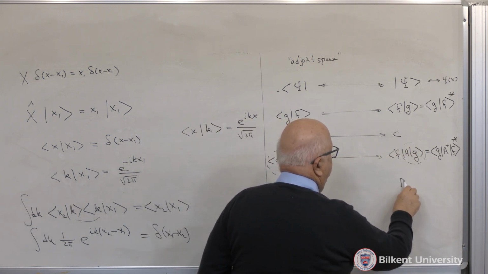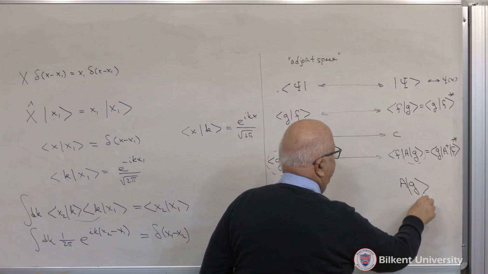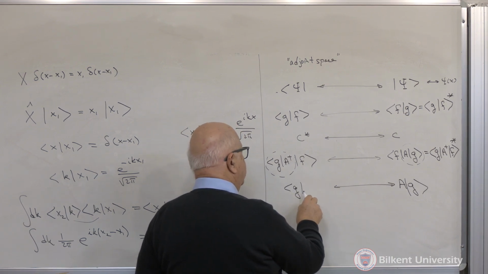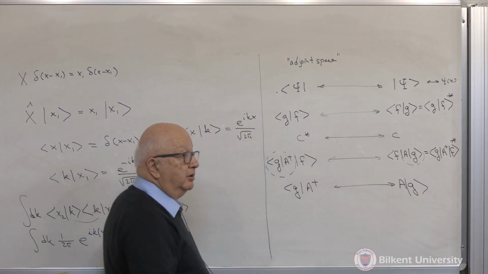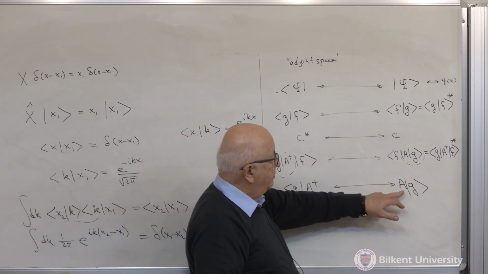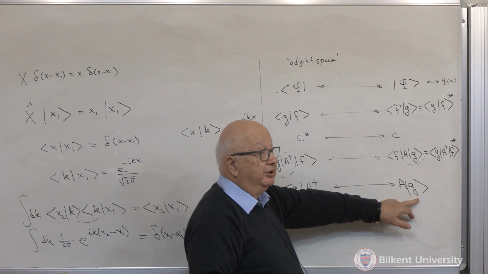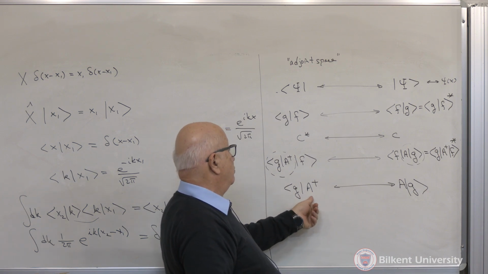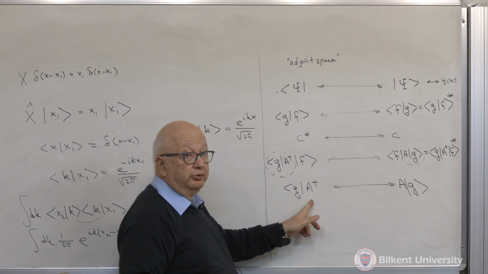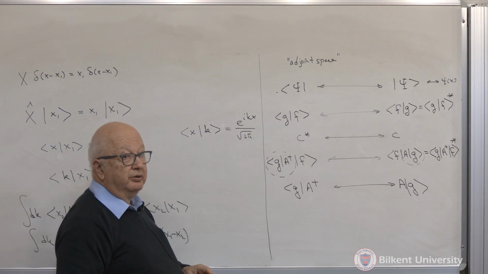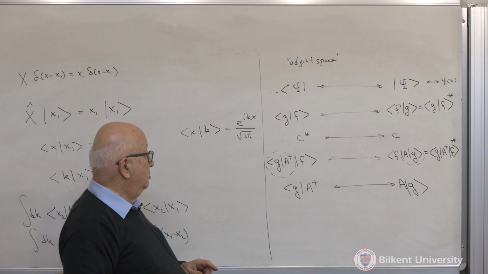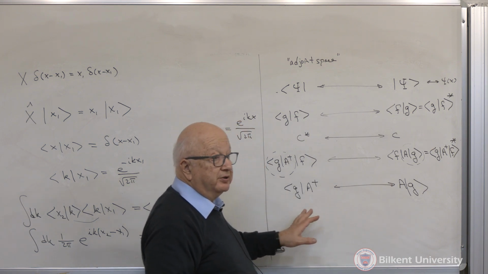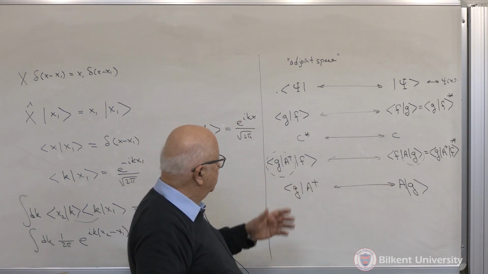So an operator A operating on a ket in this dual space goes to the bra version of that, A dagger. Anything that's an operator operating toward the right in normal Hilbert space, in the adjoint space will operate toward the left, but it will go to its Hermitian adjoint. So we have to be careful in these things, but if it's a Hermitian operator, of course, it doesn't matter, if it's something like P or H or whatever.